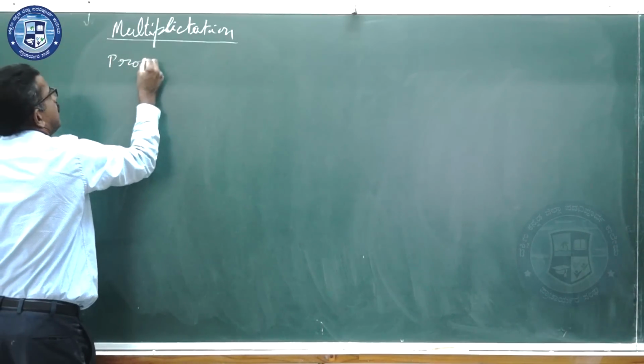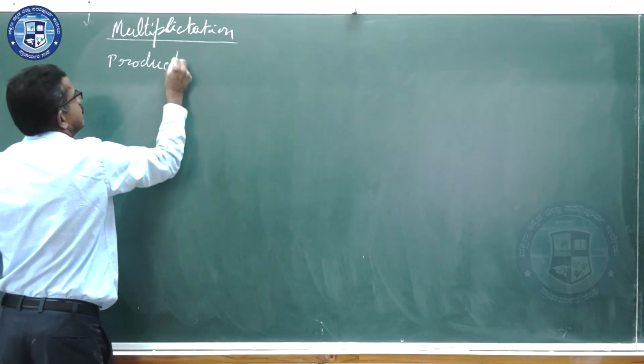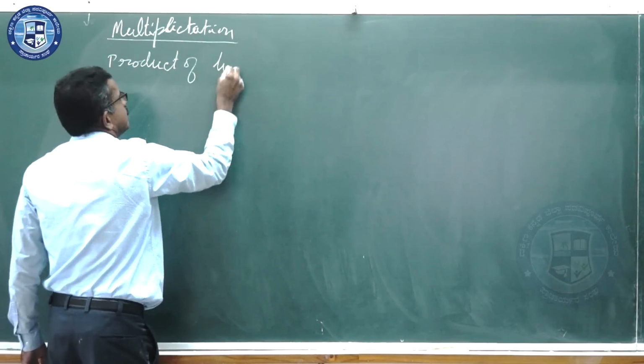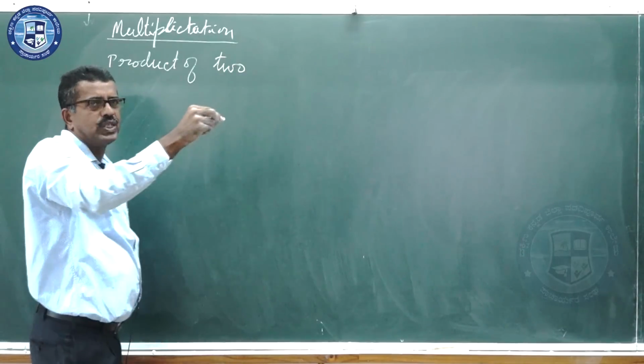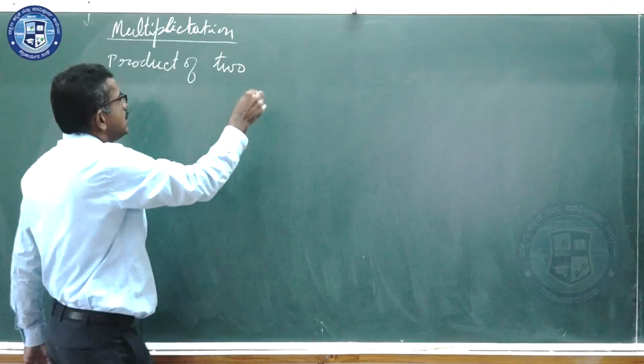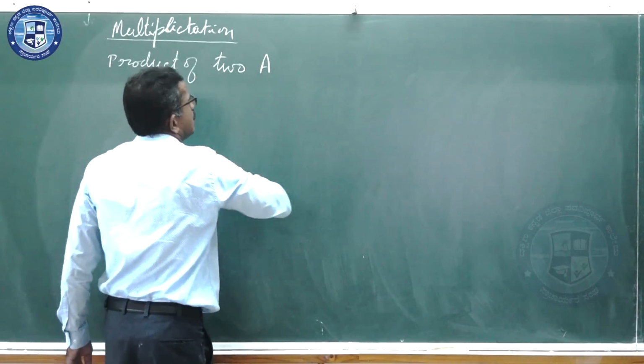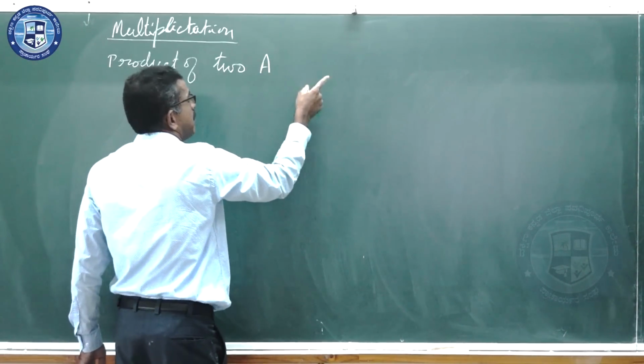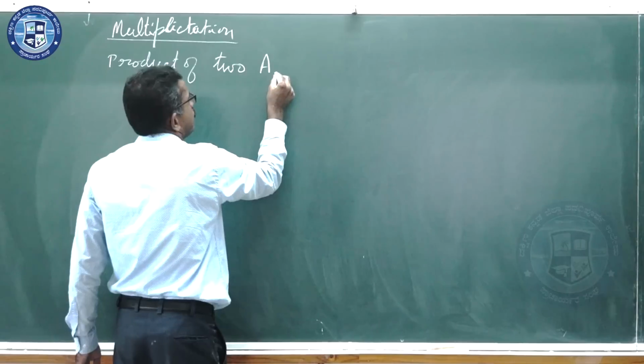Product of two matrices. As I've already mentioned, what is the condition for multiplying two matrices? The number of rows of the second matrix should be the same as the number of columns of the first matrix.